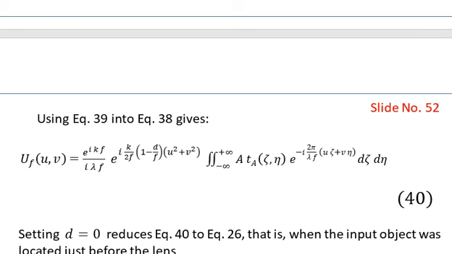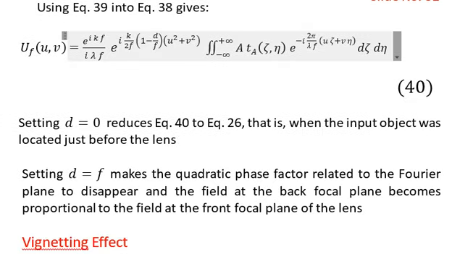If you want to get rid of this quadratic phase factor, you have to set d equal to f. So this is a very special case, and we have mentioned this case over here. Setting d equal to f makes the quadratic phase factor related to the Fourier plane disappear, and the field at the back focal plane becomes proportional to the field at the front focal plane of the lens.